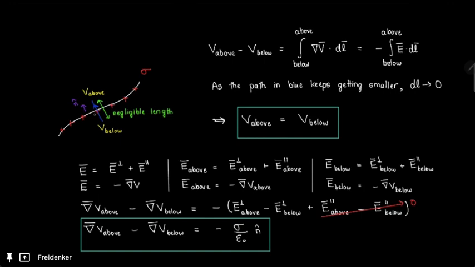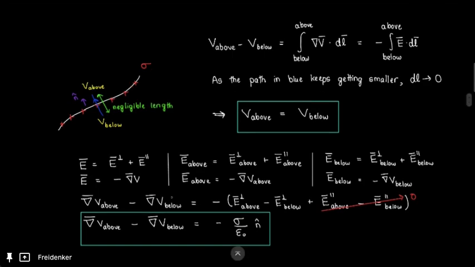And I told you that its length is negligible. So if I try to find the line integral along this, it's going to become zero because the length is very small. So I can declare that this is zero. So V above minus V below will be zero. So V above will be equal to V below. So the potential is continuous. There is no discontinuity. That is the result of this one.